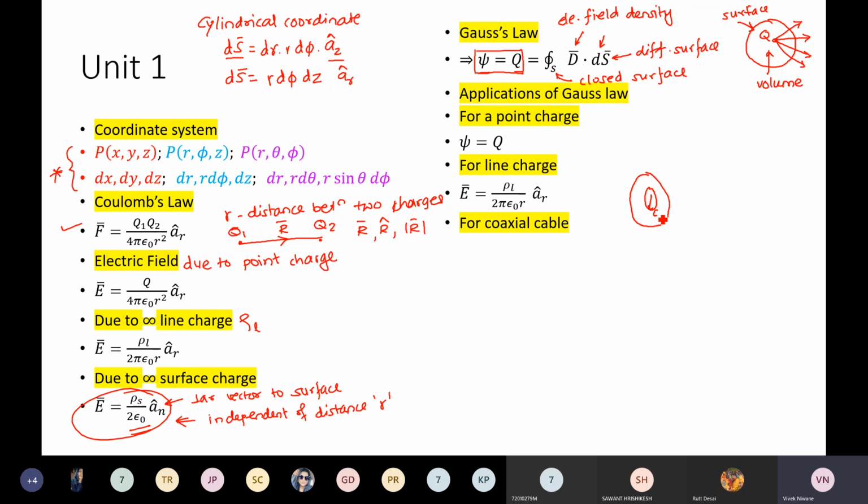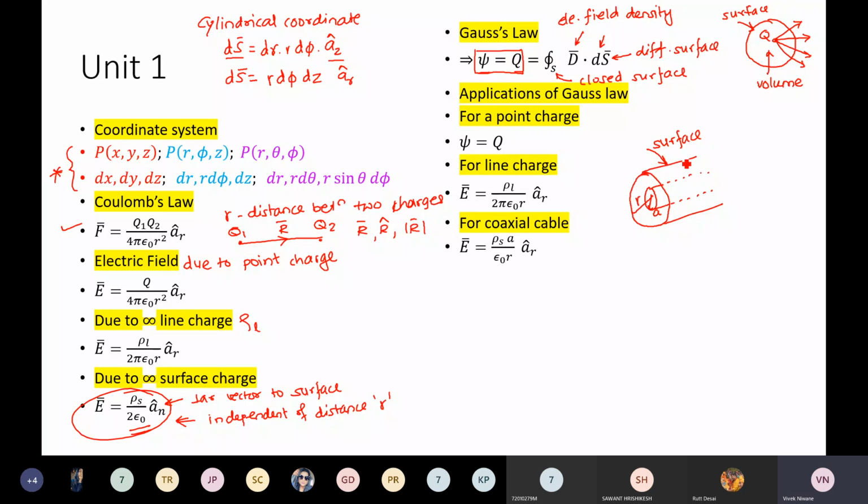Inner conductor has radius A and the outer conductor has radius R. For this structure, we want to find the electric field intensity, which is E bar equal to rho s into A upon epsilon 0 R into AR cap.